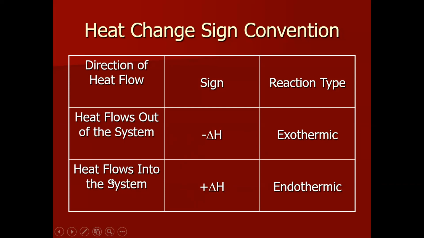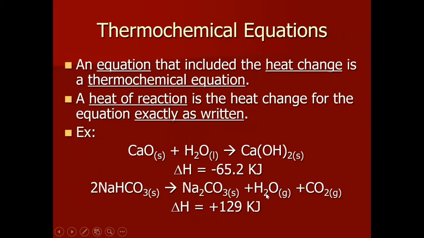If heat is absorbed, we call it an endothermic reaction, and the sign of the enthalpy change is plus delta H. So this is the enthalpy change, and this is the thermochemical equation which considers the heat change.